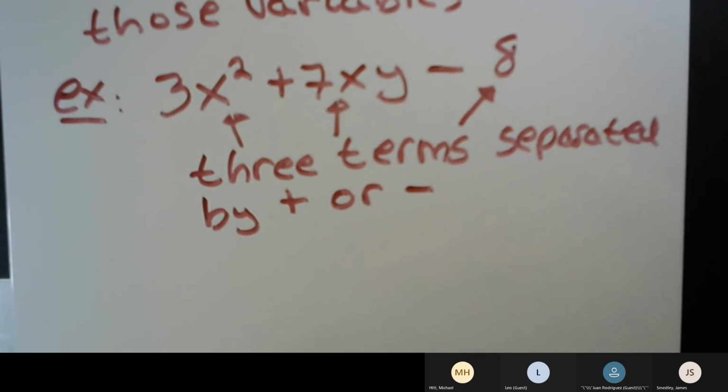So you have three terms separated by plus or minus.